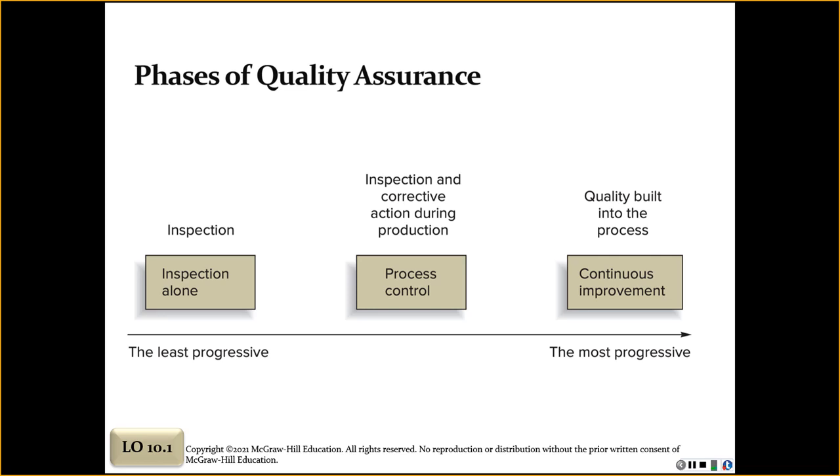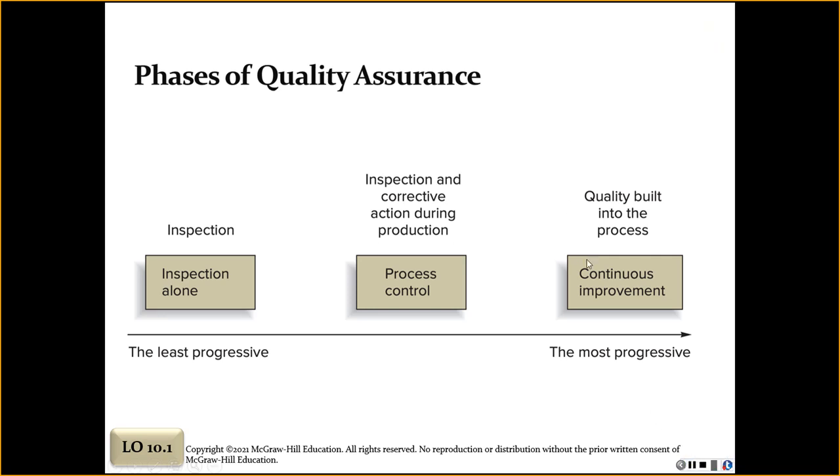Now the most aggressive is continuous improvement, with quality built into the process. So these are the three phases of quality assurance: inspection, which is least progressive; inspection and corrective action during production, which is the middle ground; and continuous improvement, which is the most progressive.